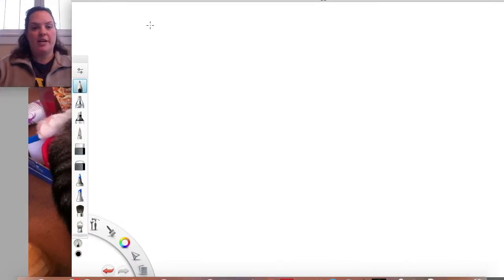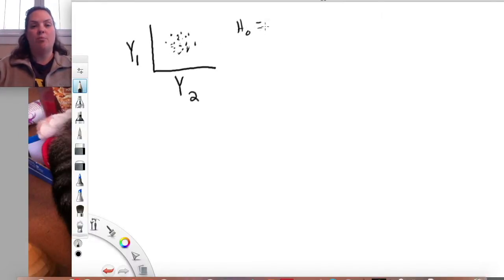So for a correlation, we still have our y and x axis, but on one axis we have one dependent variable, and on the other we have the other dependent variable. Now, our null hypothesis for a correlation is basically just a splatter of points with no direction to that association, no positive association or no negative association.